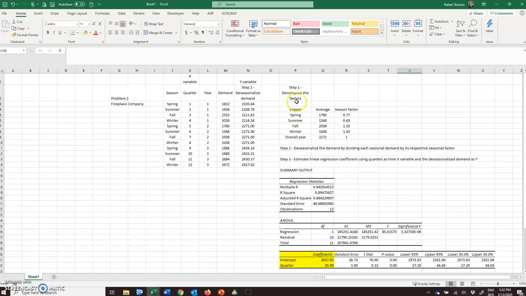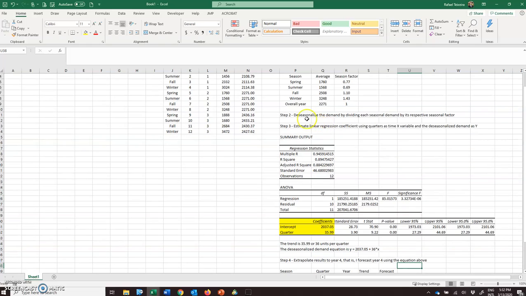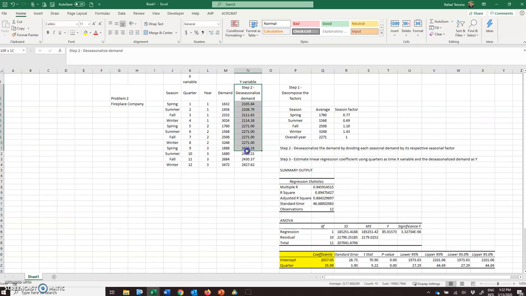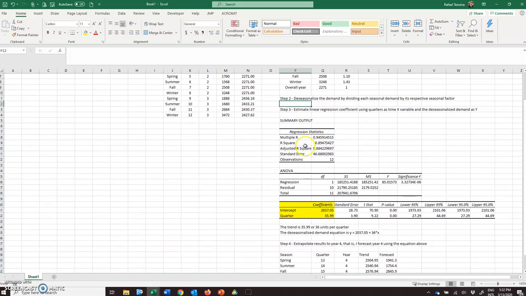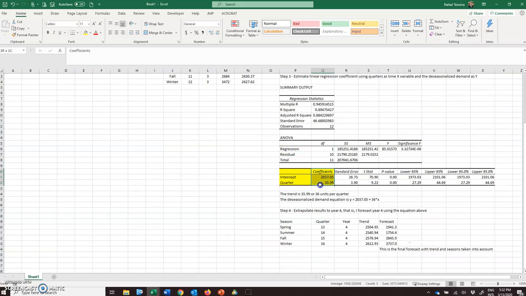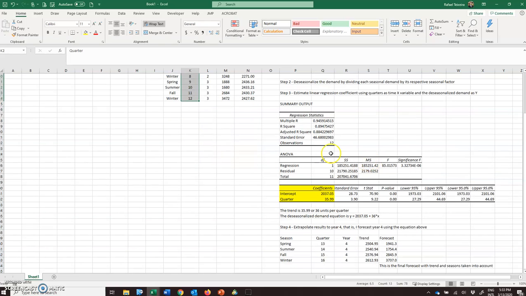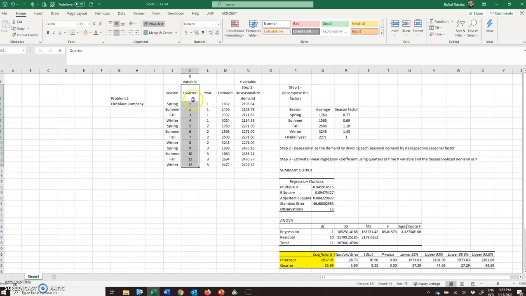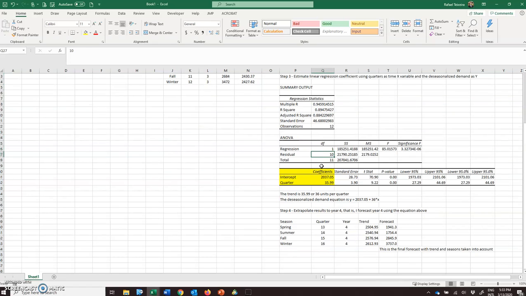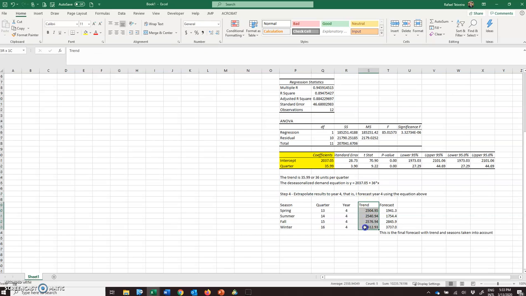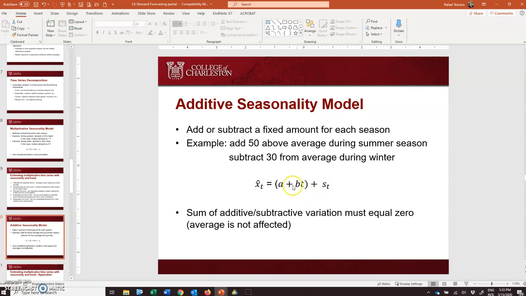That is, you have to decompose the seasonal factors like we did here, and then you have to seasonalize demand like we did here, and then you have to compute the coefficients, what we did here, these steps, by including a time variable here. In this case it's quarters, could be months, could be days, could be hours, could be whatever you want. And then in step 4 you compute the trend by using these coefficients like we did, and this trend is this part of the formula.